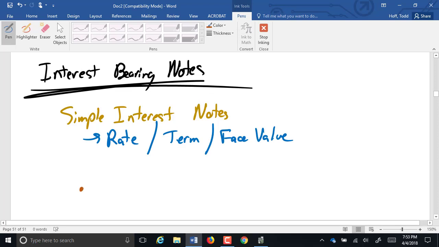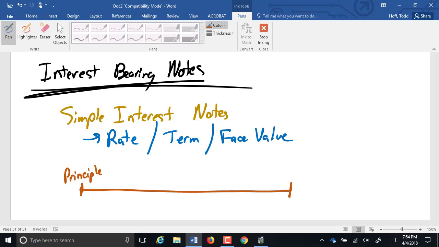Every note has a beginning value for a simple interest note. That beginning value is called a principal, as we've been saying. During the term of the loan, there is an amount of interest that is earned.